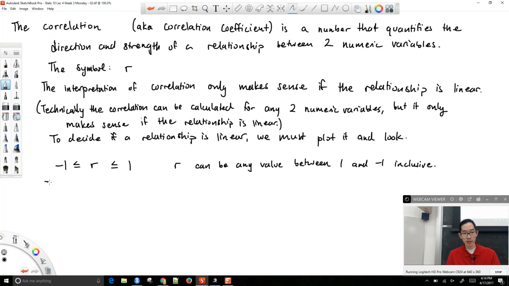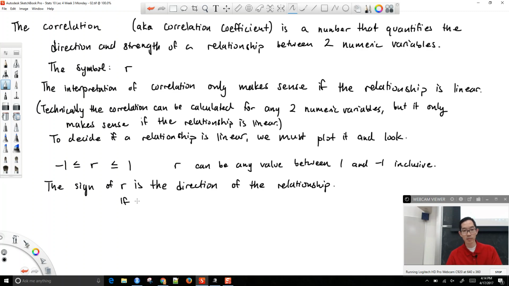The sign of R is the direction of the relationship. So if R is positive, the direction is positive, etc.